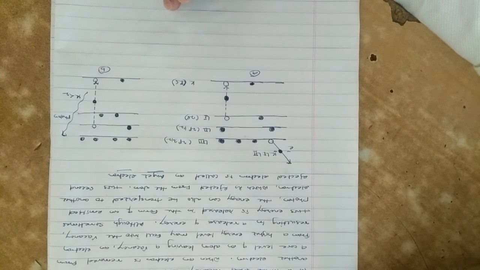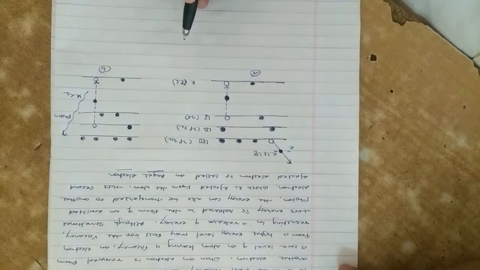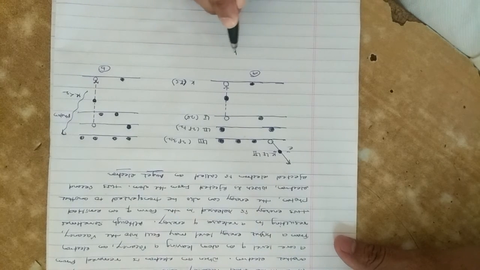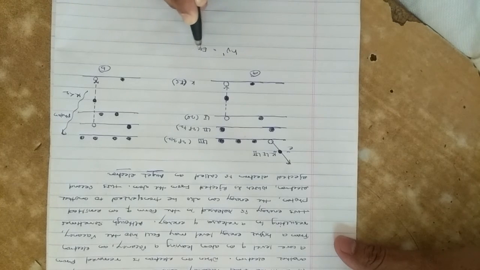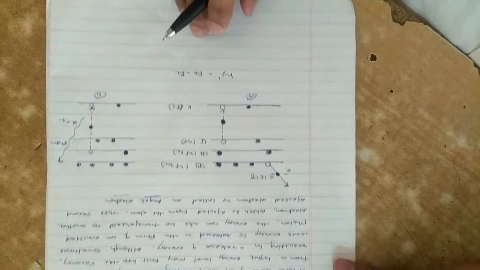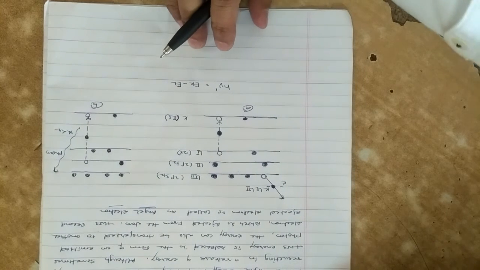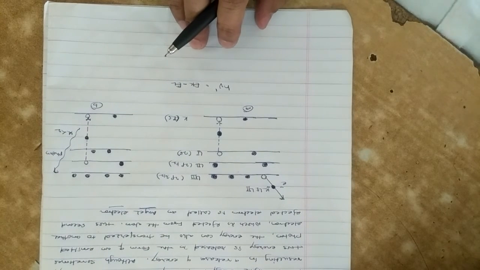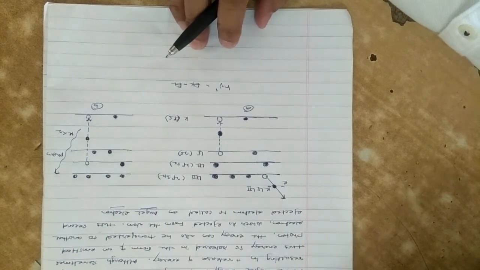This transition is usually accompanied by the emission of a characteristic X-ray photon of energy. This is the X-ray photon. The formula is h nu prime equals Ek minus El, where Ek means the K shell and El means the L shell.